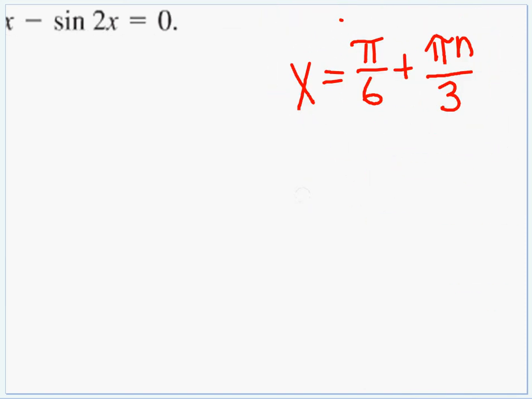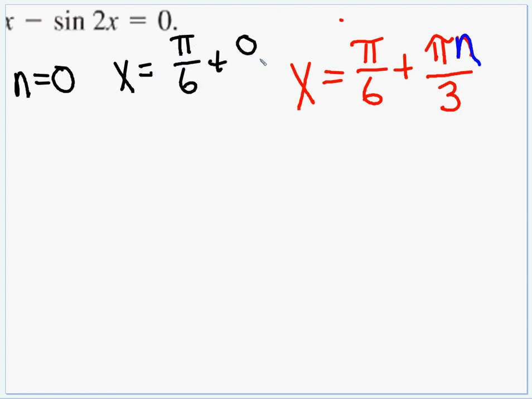So we're just going to go through letting n equal different numbers. Let me highlight the n in blue. If n is equal to 0, x equals pi over 6 plus 0 over 3, or just pi over 6.